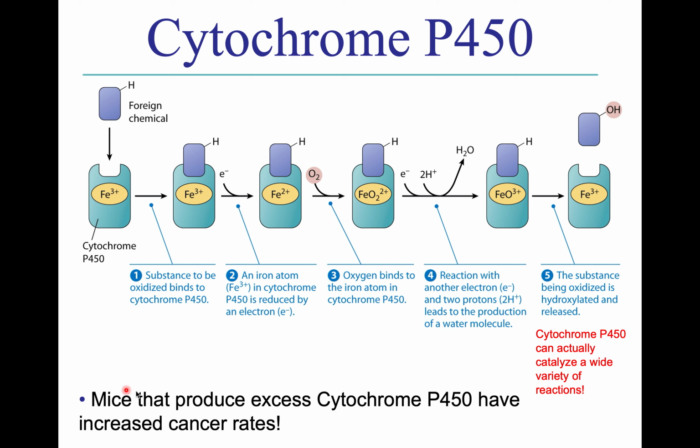Researchers have produced knockout mice, or sorry, overexpressing mice that produce more cytochrome P450 than normal mice would, and we see they actually have an increased rate of cancer overall, suggesting that too much of this activity is further contributing to cancer development by presumably overproduction of these activated carcinogens.